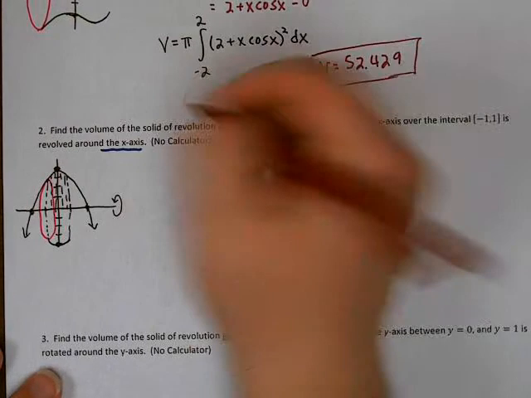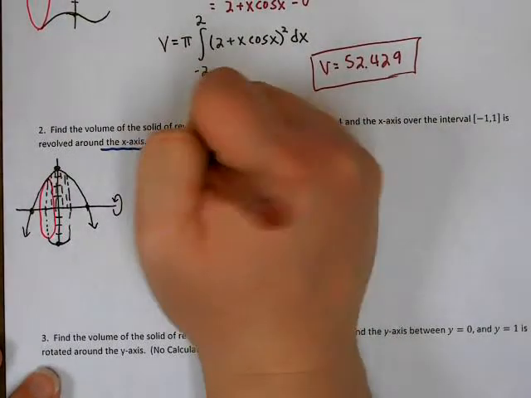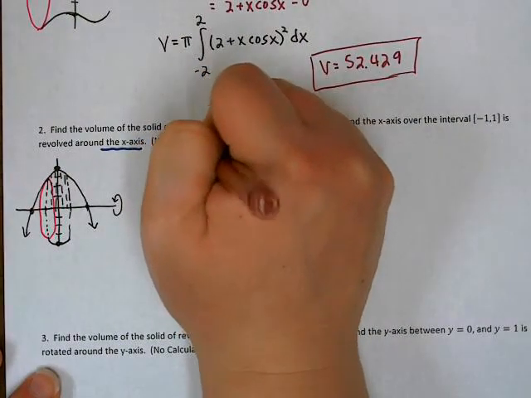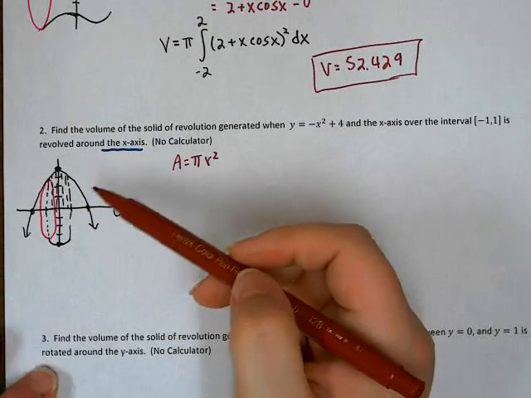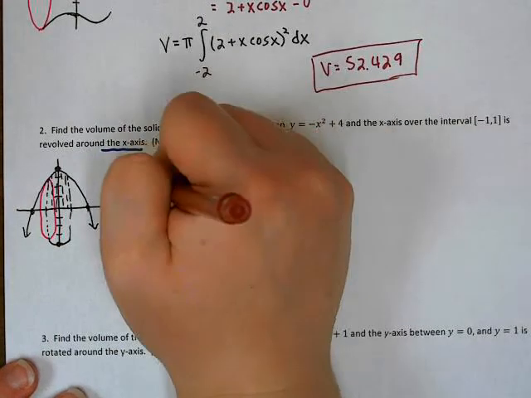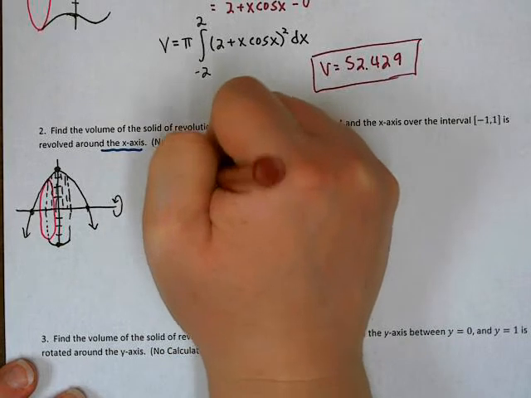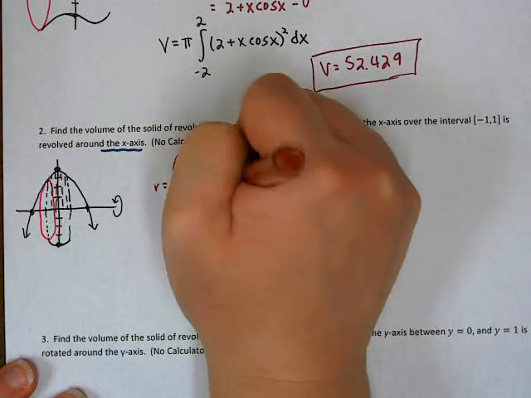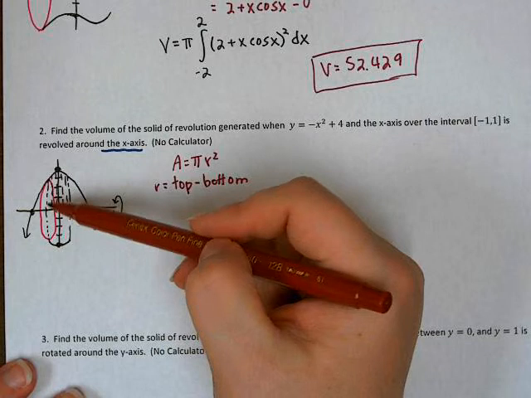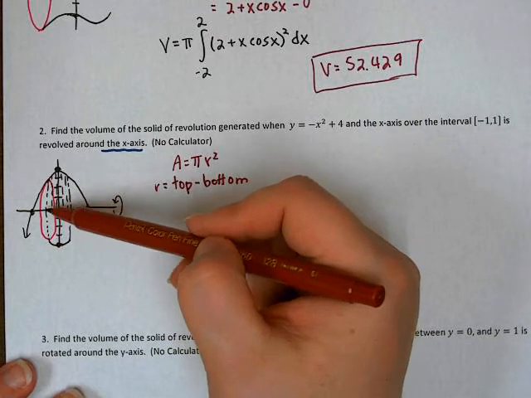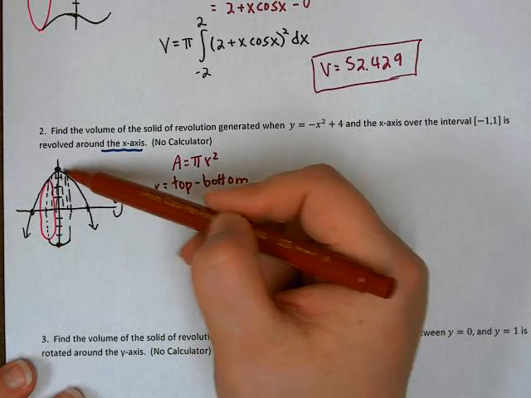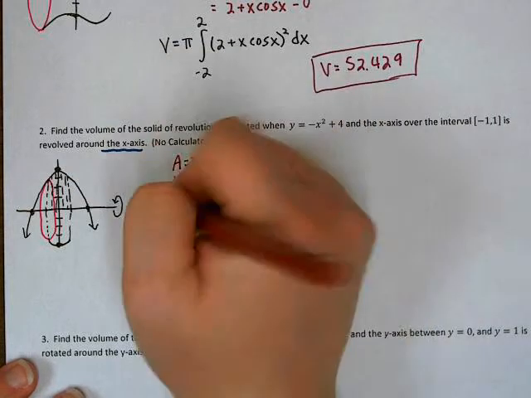So again, we know that the area is going to be pi r squared. Since we're rotating around the x-axis, we know that for our radius, it's going to be top minus bottom. And so if we look at the radius of this circle, we can see that the top is this parabola.